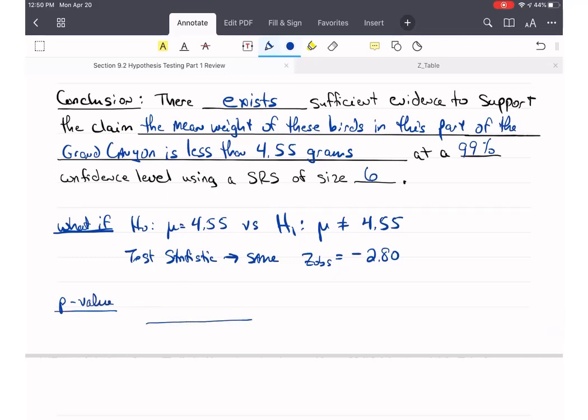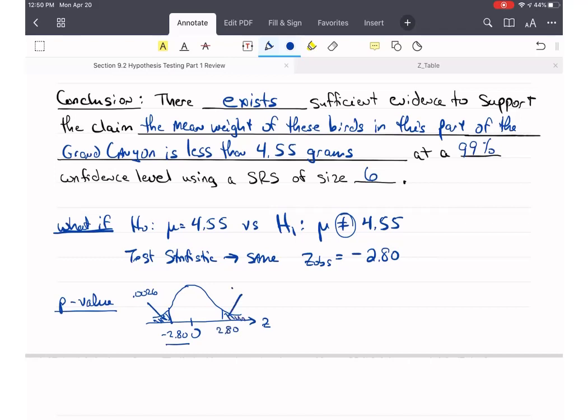Now, when I draw my picture, because it's a two-sided test, or two-tailed test, negative 2.80, and remember that this is 0.0026, but now we don't care if it's a negative 2.8 or if it was a positive 2.8.